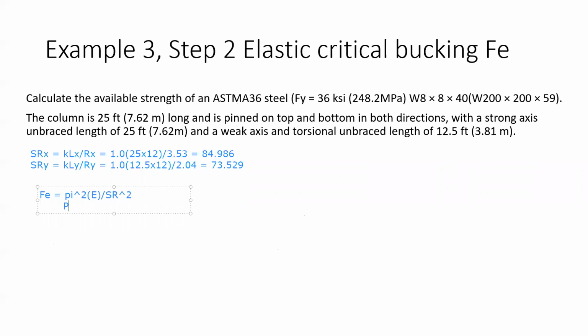So this is simply pi squared times 29,000 divided by, alin yung nag-govern dito, yung 84 or yung 73? Yung 84 po. Yes. So divided by 84.986 quantity squared. So what is the value of Fe? 39.628. This is KSI.